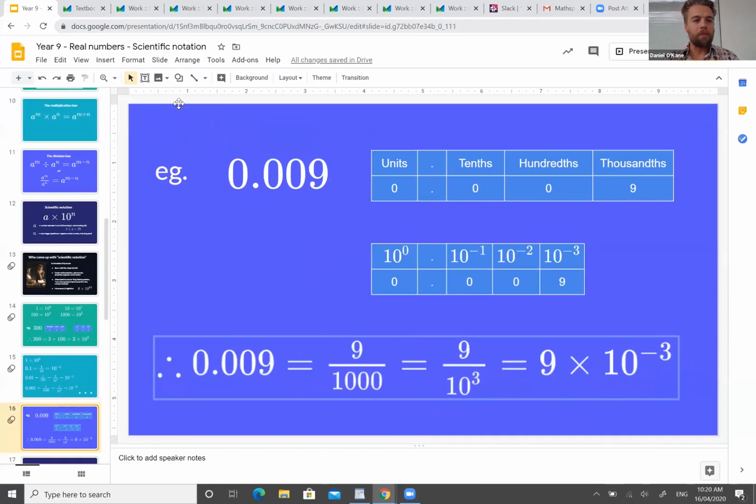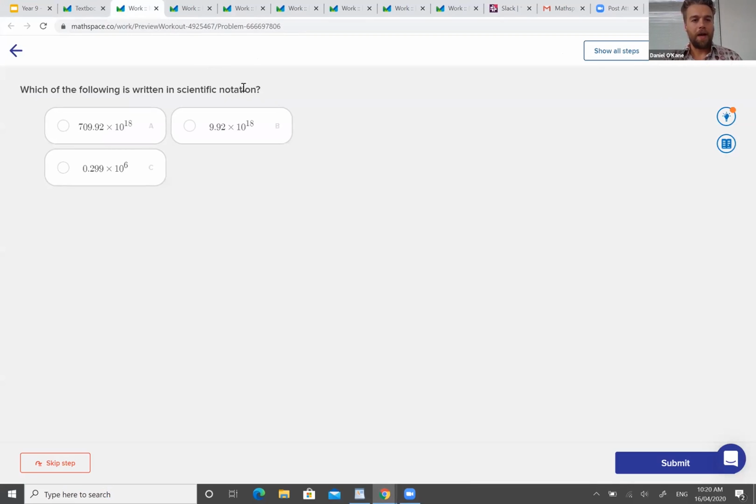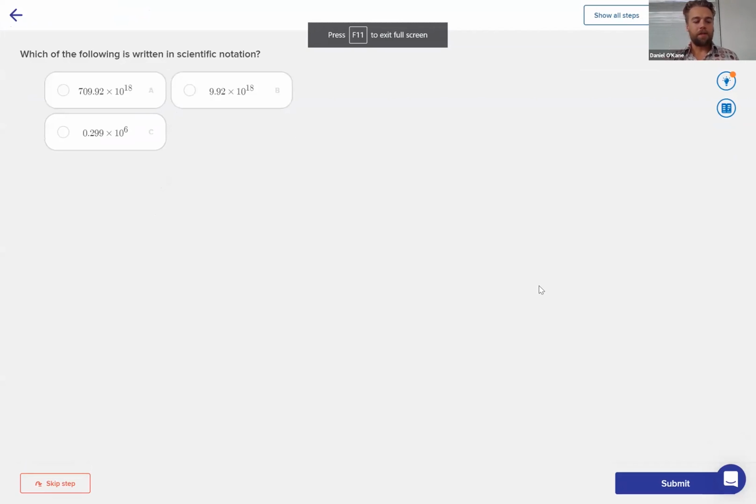Okay, so I'm going to stop the presentation for a moment, and I'm going to answer some questions in Mathspace. Okay, great. So which of the following numbers shown here is written in scientific notation?